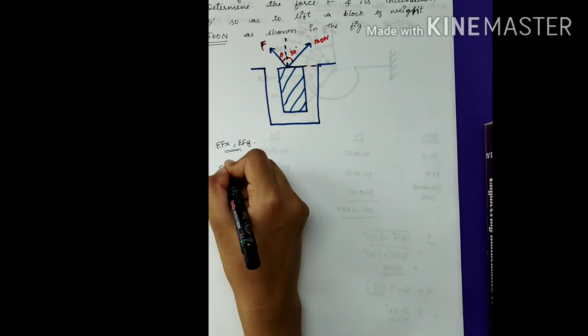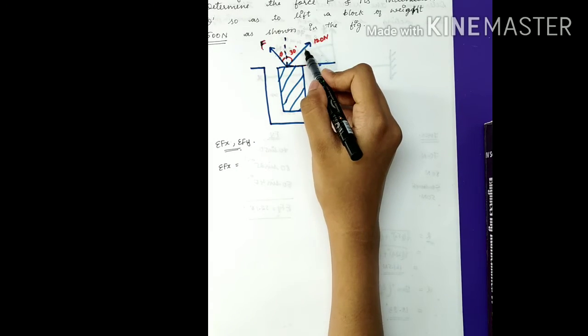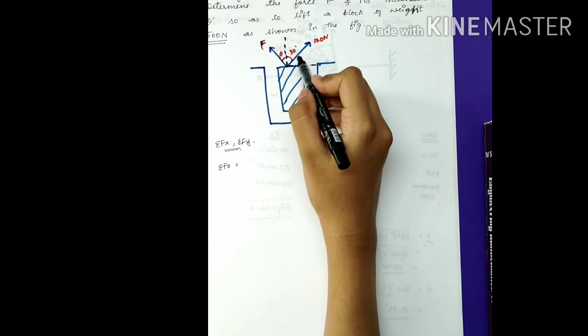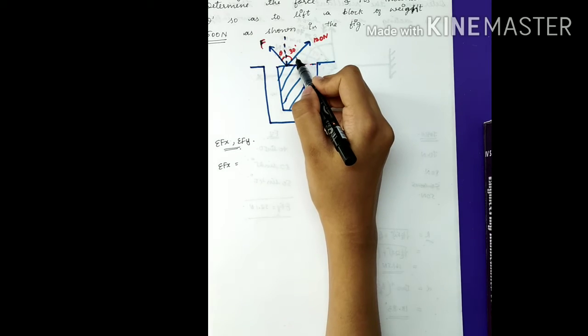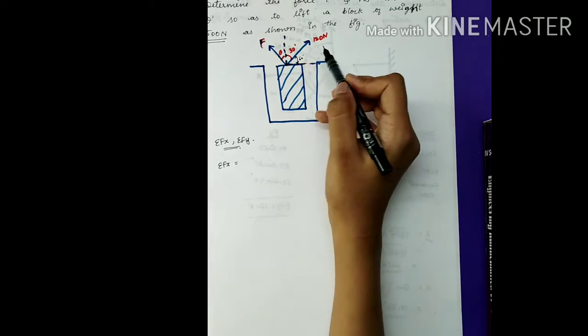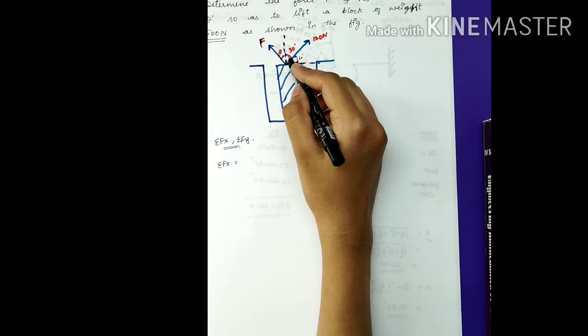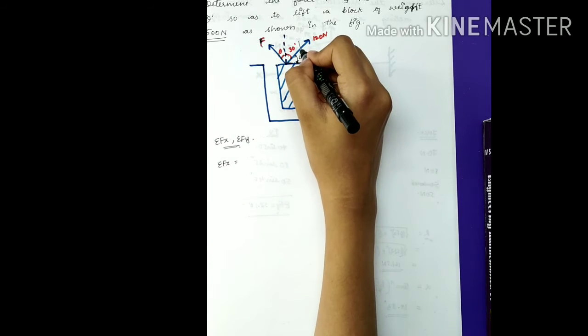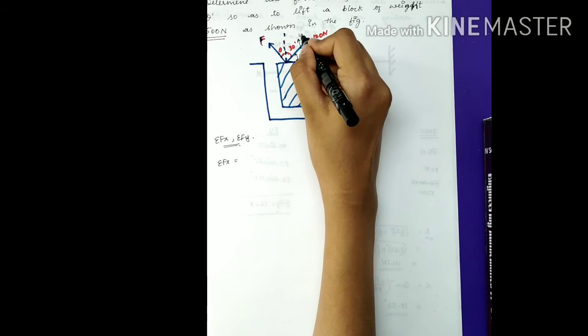First of all, summation Fx. For this 120 Newton force, one more thing: this angle is inclined at 30 degrees. For convenience, if you take this angle, it will be 60 degrees. It's up to you which angle you take. I'm considering this angle only, so this will be my sine and this will be my cos.